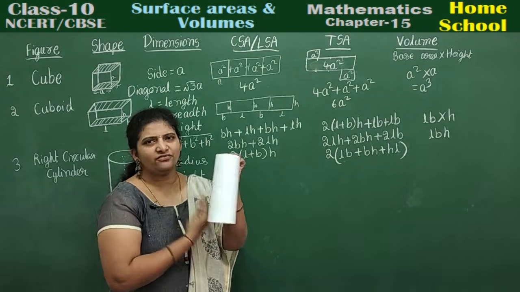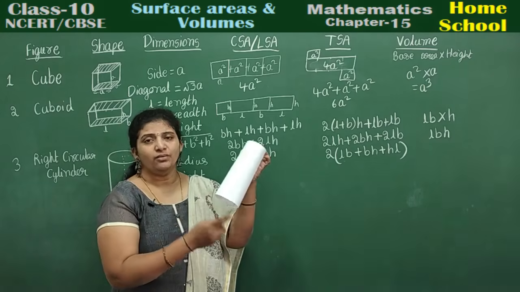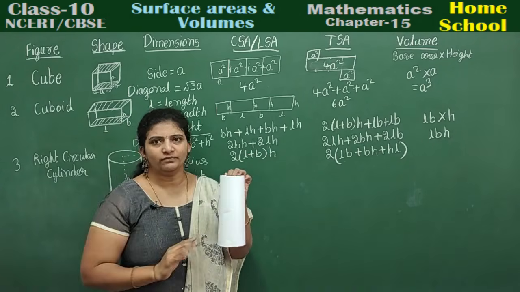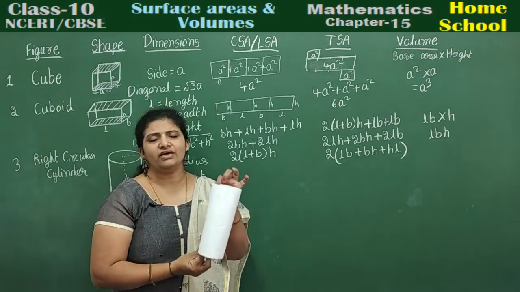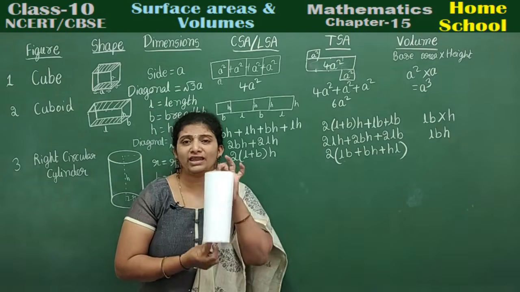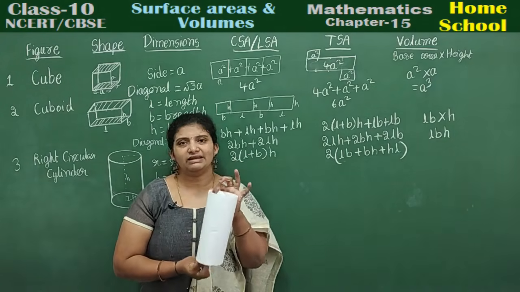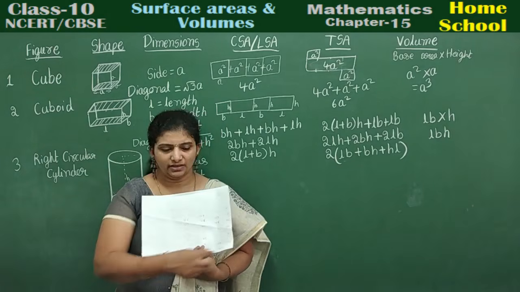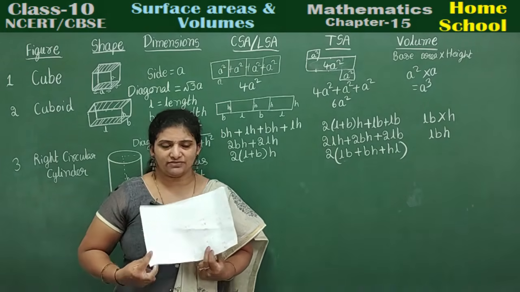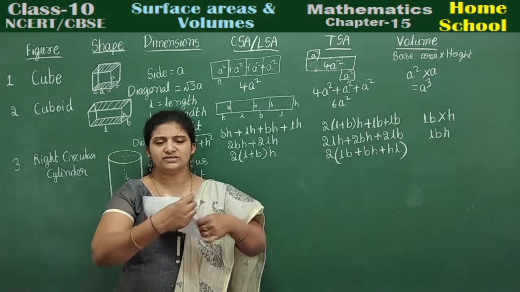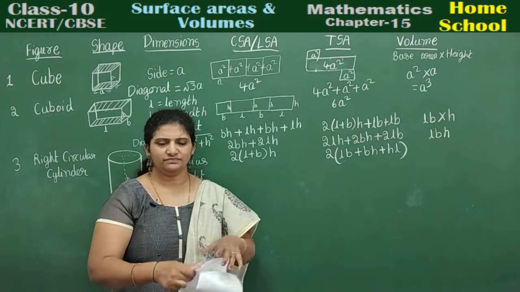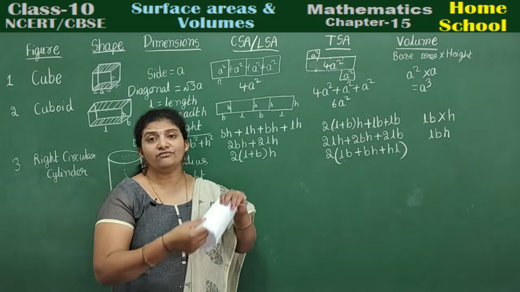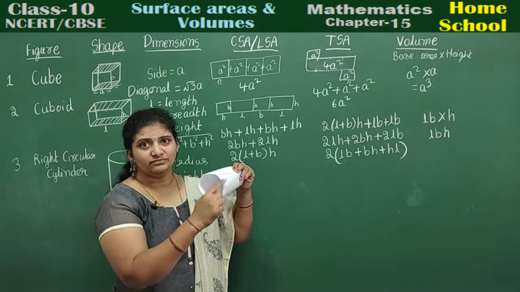Yes, this is a curved face and this is the bottom and top. Now, how can you calculate the area of this cylinder? As you know, length into breadth, you have said. This is L, this is breadth. When you roll, what happens? This becomes the circumference of a circle.